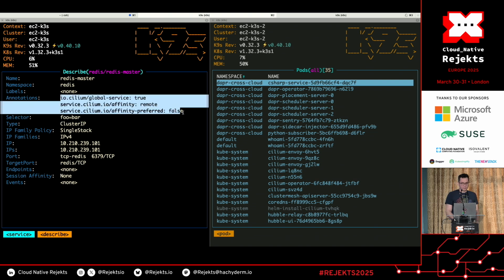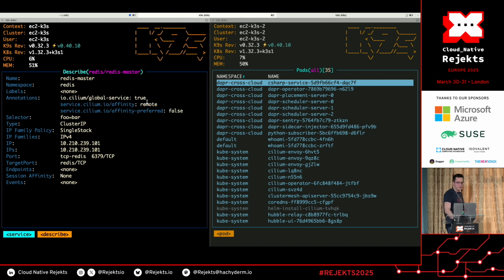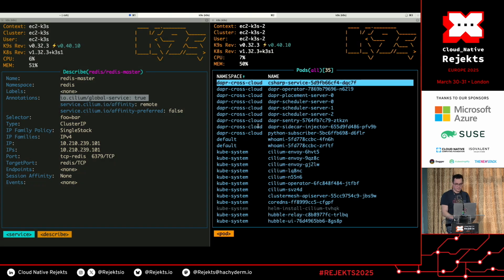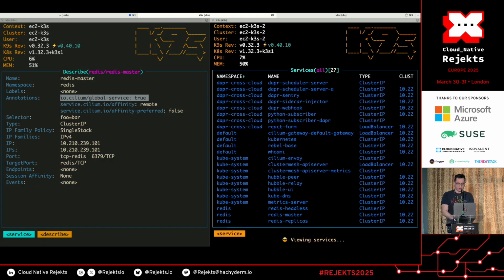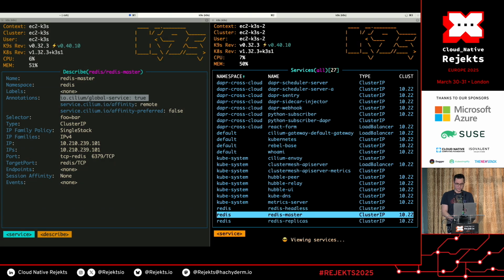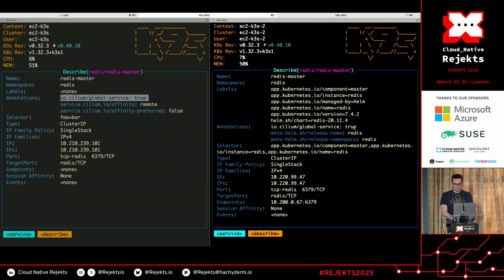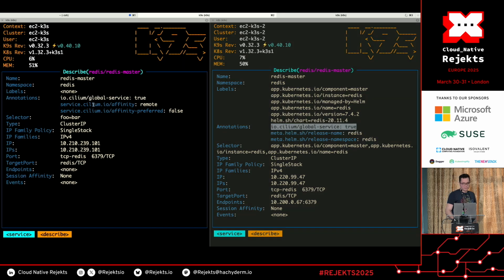What is important though is the annotations. You can see it is marked as a global service, and it is marked as a global service on both clusters, which I'm pretty sure will not surprise you. Here we go, it's also marked a global service here. What changes though is the way we split traffic. On the one cluster, I give it an affinity and tell it to please always use a remote cluster, because I tell it it's not preferred, but we use it to force it.